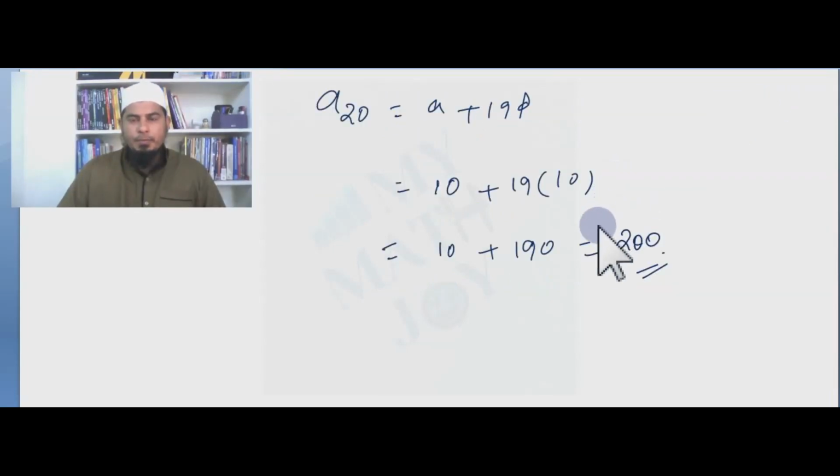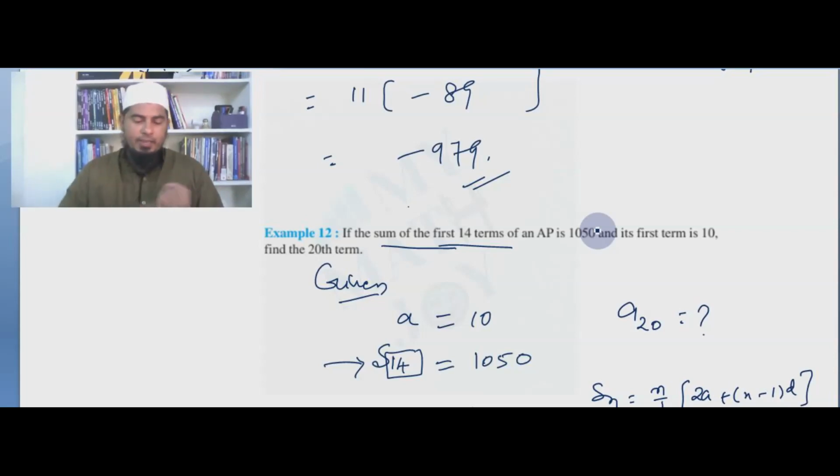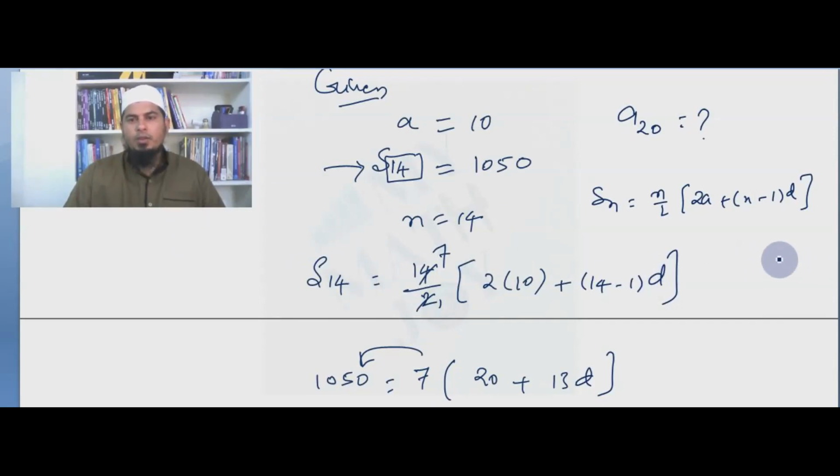So here is the method when the question is given in this format where the sum is given, the first term is given, the number of terms is given, and Sn is given. Sum is given means up to what number the sum is given. From there, if you write the Sn formula, you will get an unknown thing. How many unknowns are there? Only one unknown.